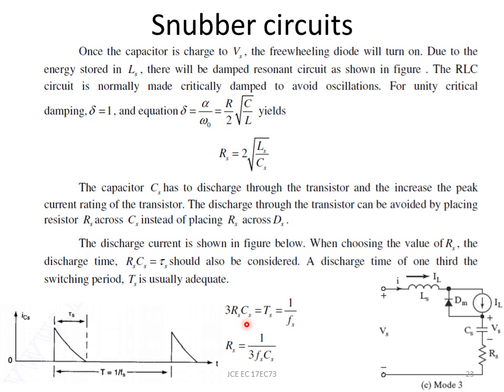I will take Ts equal to 1 by Fs. So Ts should be equal to 3 into Rs into Cs, so Rs should be equal to 1 upon 3 Fs into Cs. These are the formulas you have to use if any problem is asked to you.